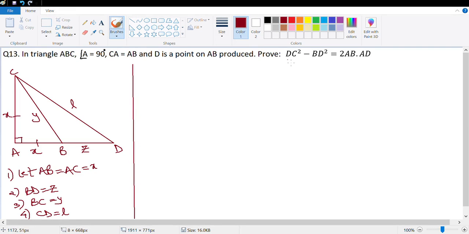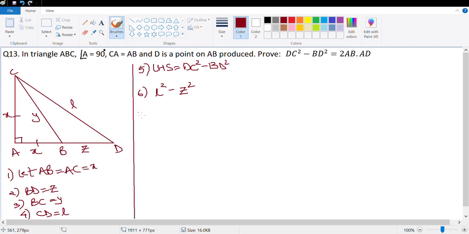On the left hand side we have DC square minus BD square. So point number 5, left hand side is equal to DC square minus BD square. Now DC square is L square, minus BD square is Z square.